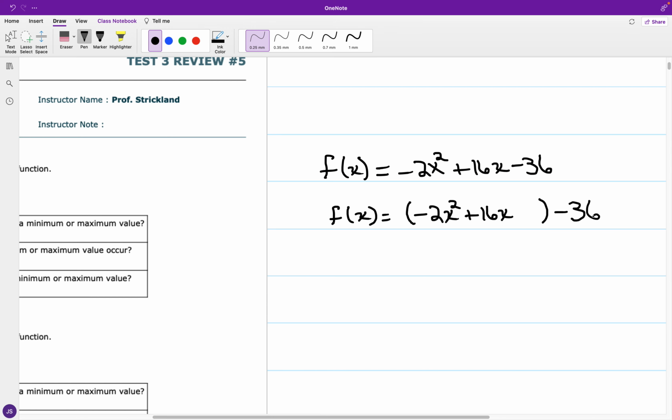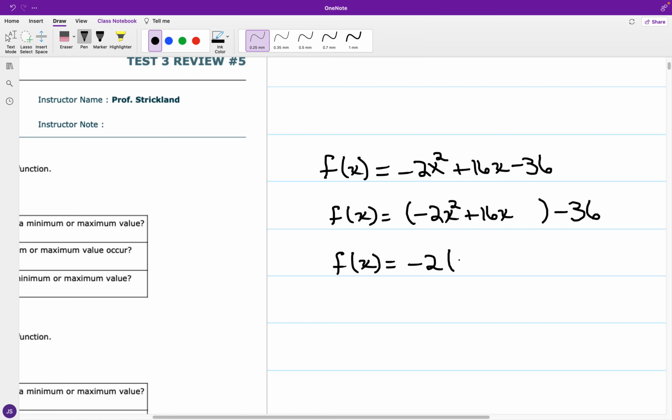I want to set the stage for the completion of the square. To ensure that I have x squared as the first term inside the parentheses, I'm going to factor out negative 2.